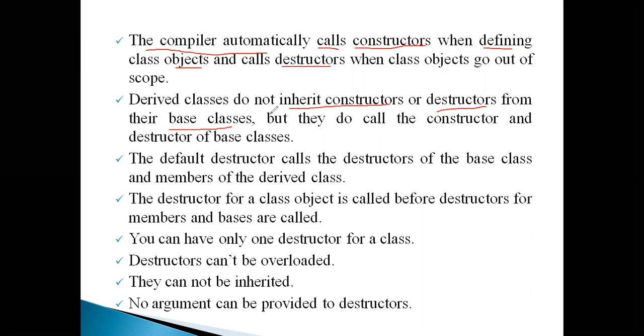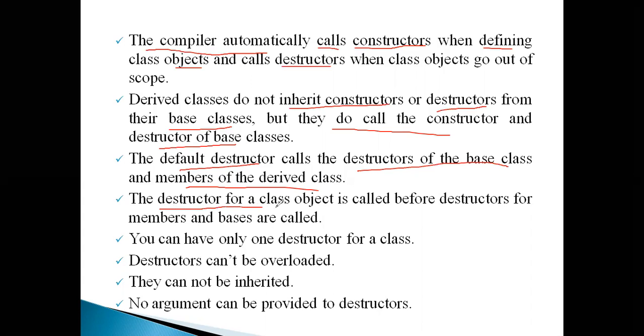The derived class does not inherit the constructors and destructors, but it does call the constructor and destructor of the base class. We are not inheriting, but we can call the base class constructor and destructor. The default destructor calls the destructors of the base class and the members of the derived class. That is done by means of the default destructor, which is used to deallocate the memory.